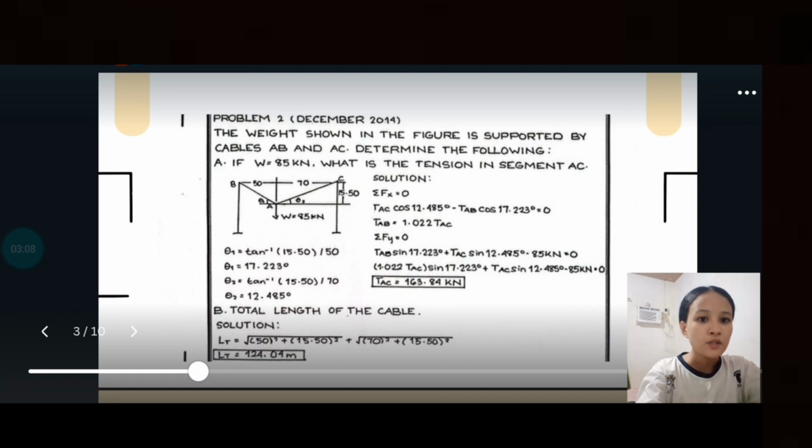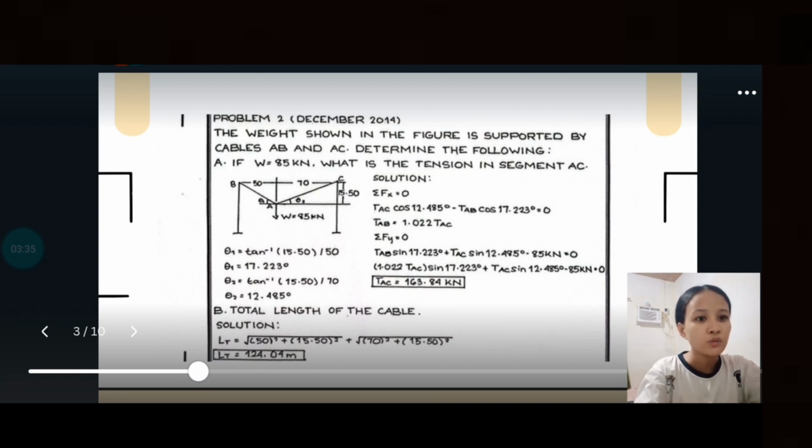the given theta, which is 12.485 degrees. So how do we get 12.485? It is arctan of 15.50 over 70, which is equal to 12.485 degrees, minus TAB cosine 17.223 degrees.